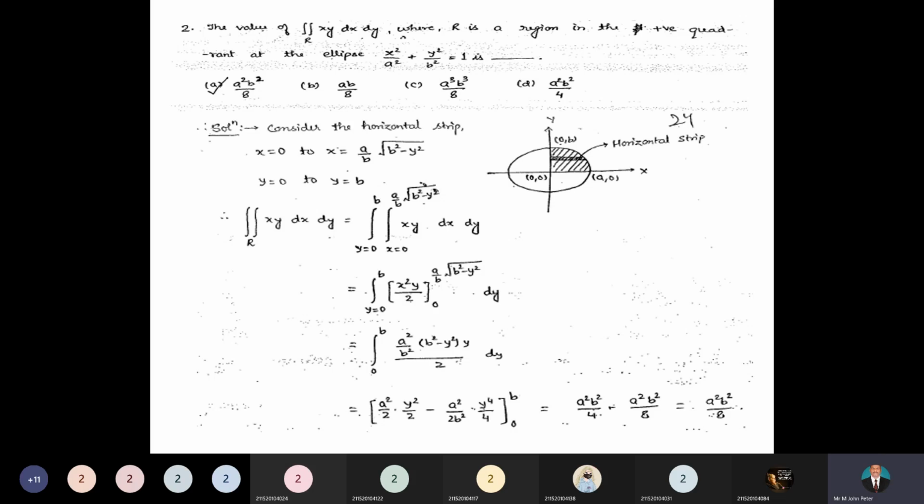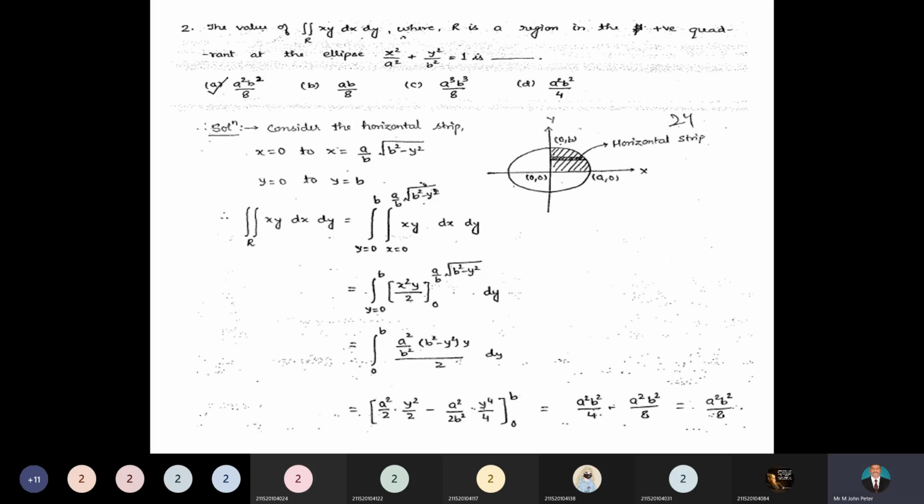Everything is inside the root; the denominator taken outside the root converts to b. So x equals plus or minus a by b root of b square minus y square. For the first quadrant, take the positive value only.